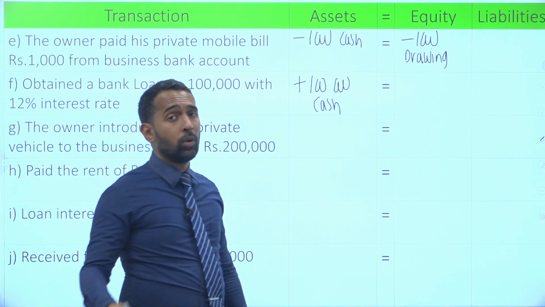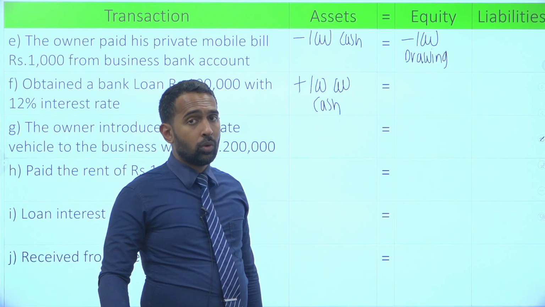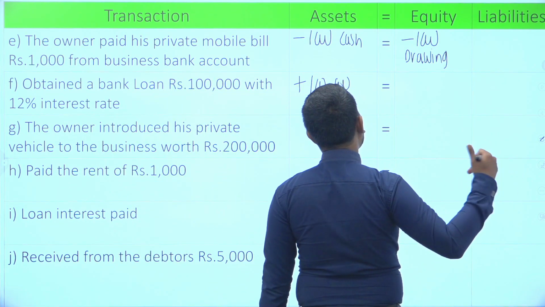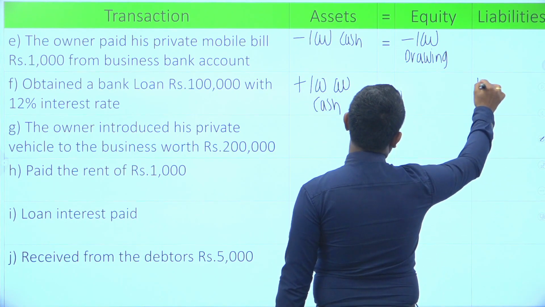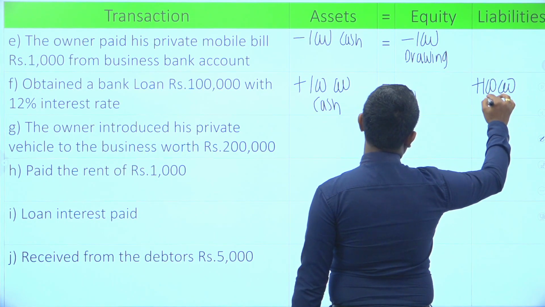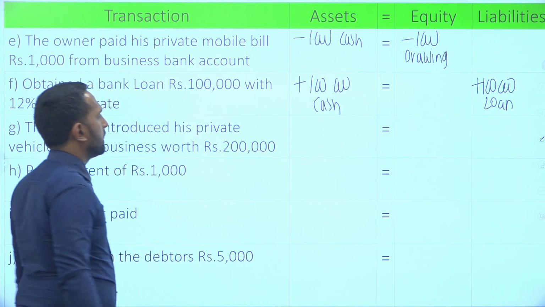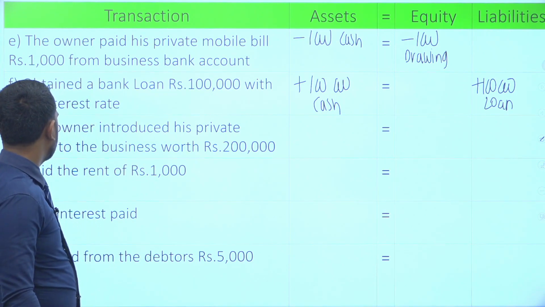You have to repay that loan. So an external commitment, external liability, external obligation goes up by 100,000. The loan went up by 100,000.